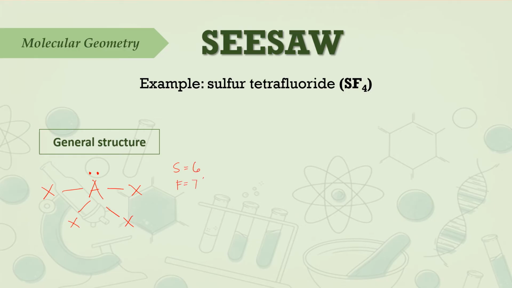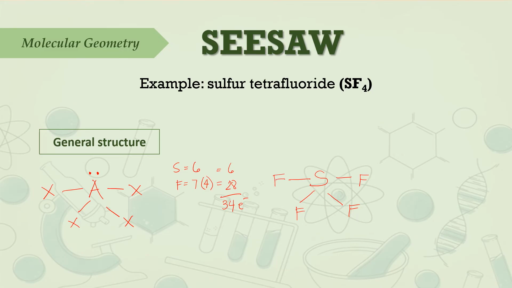Fluorine belongs to group 7 times 4. We have 6. We have 28. The total is 34 electrons. So if we are going now to draw the structure for sulfur tetrafluoride, since sulfur is only one, it will be the central atom, and then with 4 attached fluorine.